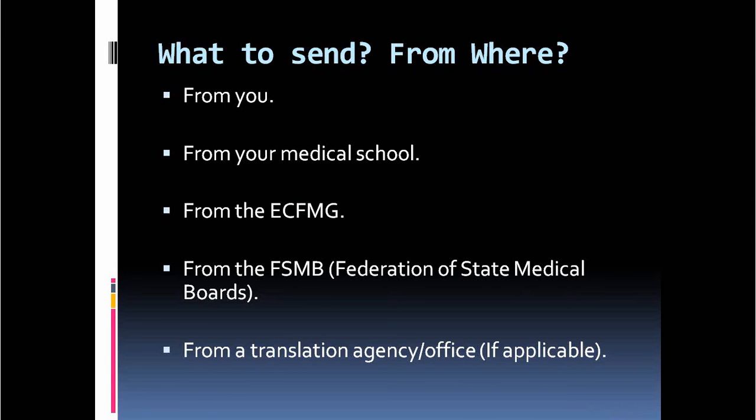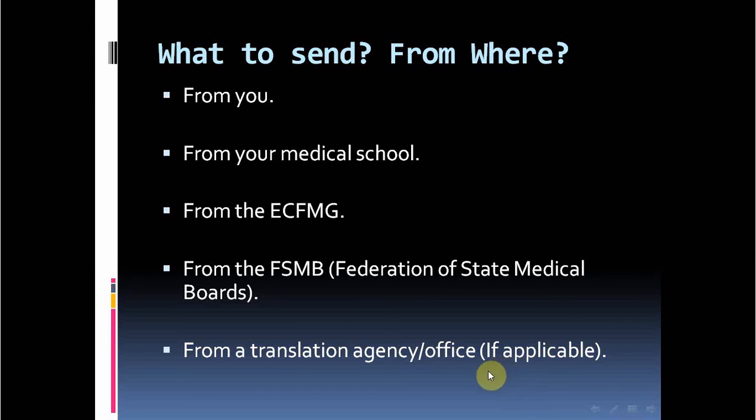So a question from where. I just want to give you a big picture so that you know what you need to coordinate. So you need to send some papers from you, and some papers from your medical school, and some papers from the ECFMG, and some from the FSMB, Federation of State Medical Boards, and from a translation agency or office, if applicable, if your medical school diploma or transcript are not issued in English.